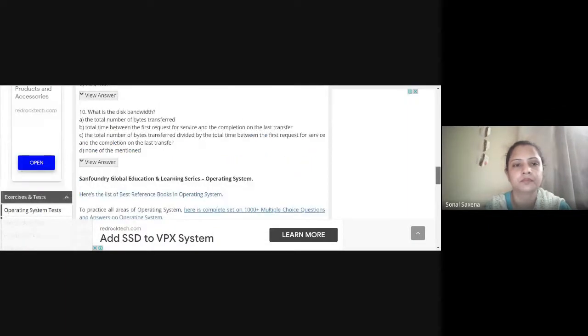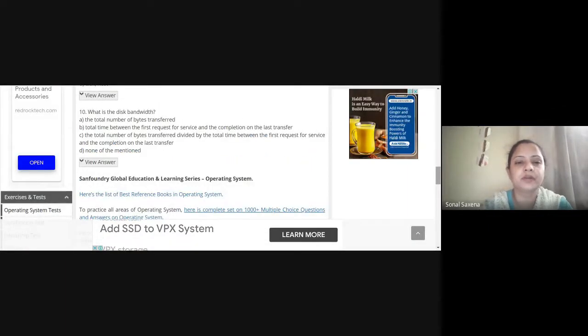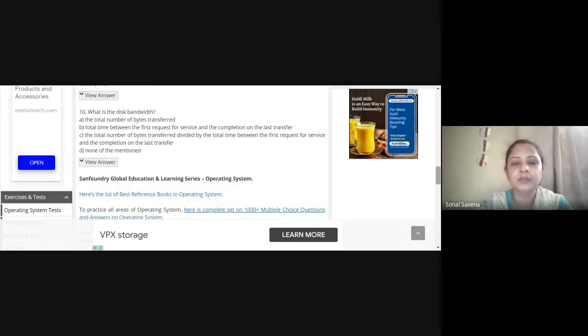What is the disk bandwidth? The total number of bytes transferred, the total time between the first request for service and the completion of the last transfer, the total number of bytes transferred divided by the total time between the first request for service and the completion of the last transfer, and D, none of the above.